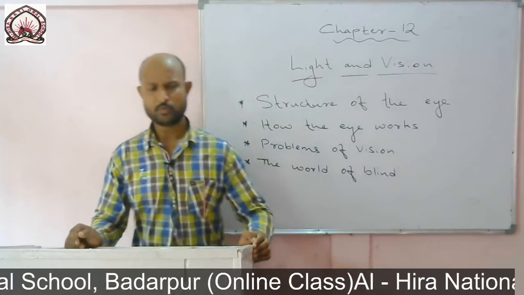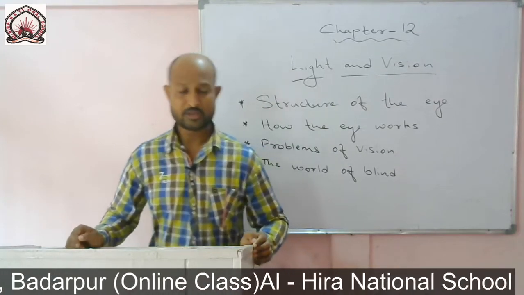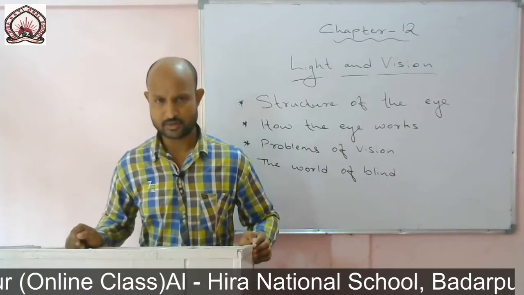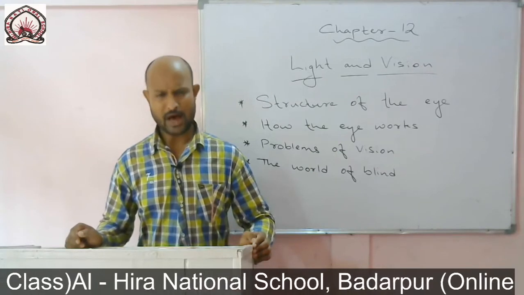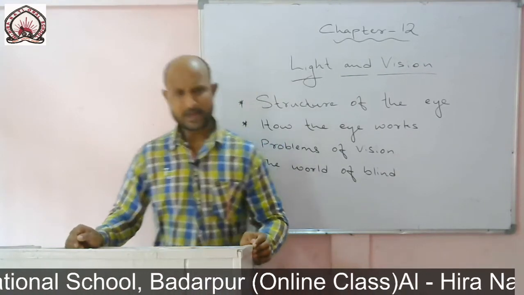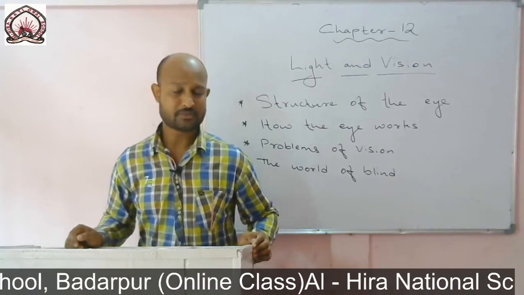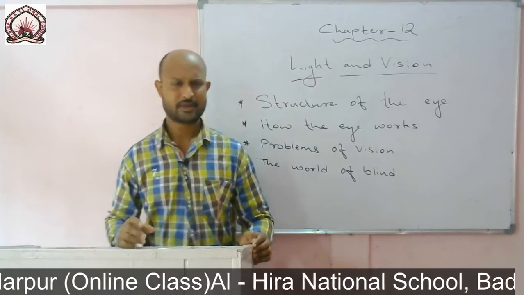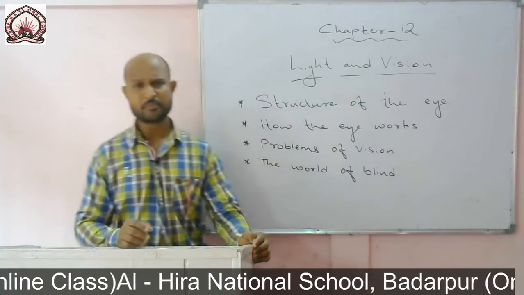We know that without eyes it is quite impossible for us to see things. So how do these eyes help us to see things? Before learning that, let us learn about the structure of the human eye.